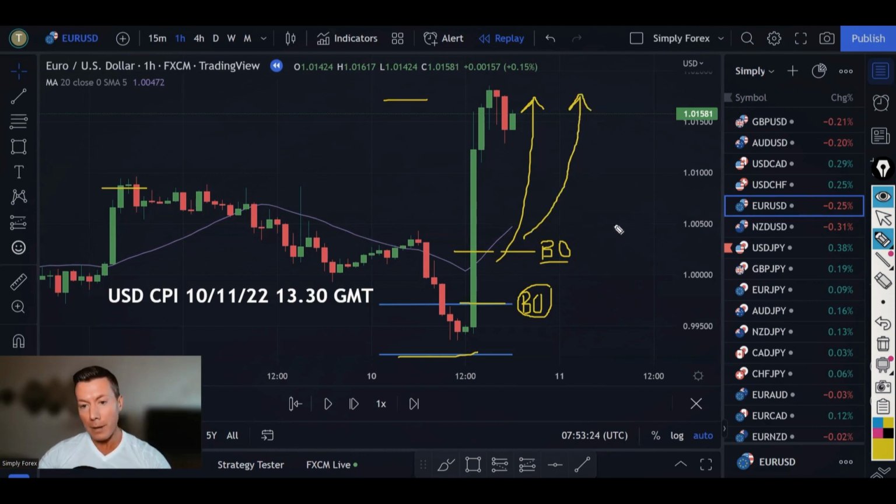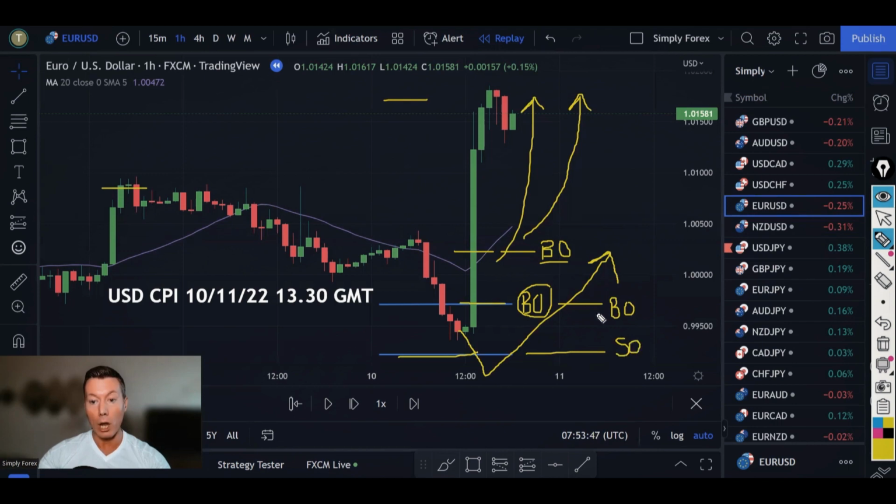Okay. Another pitfall to this strategy is it might whipsaw, guys. So it might come crashing down, take out your sell order, and then come shooting up and take your buy order. Okay. If that does happen, guys, you'll basically be in a buy order here, yeah, and a sell order here. Okay.